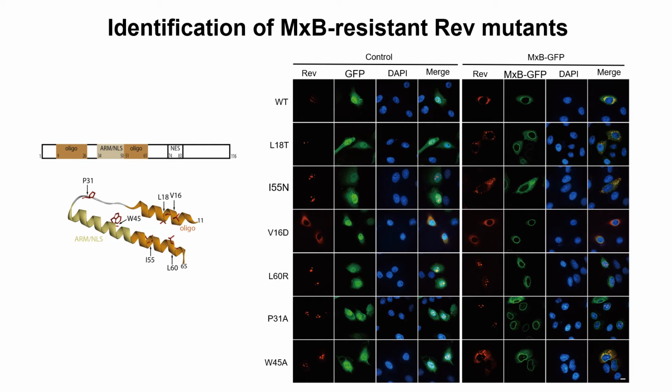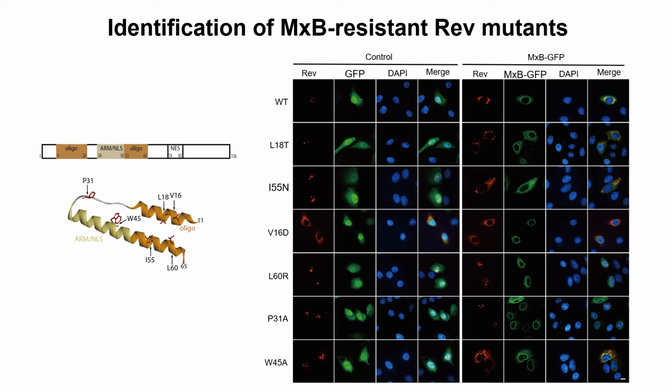We next asked whether there are any Rev mutations that resist MxB as viral countermeasures to MxB inhibition. To answer this question, we started by testing a group of Rev mutations that have been previously characterized to affect Rev multimerization and Rev's function in HIV gene expression. We expressed these Rev mutations with MxB in HeLa cells.